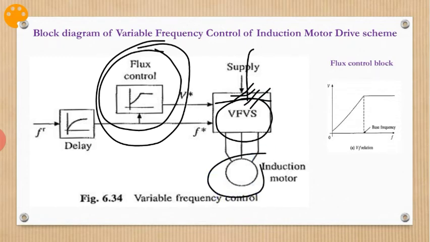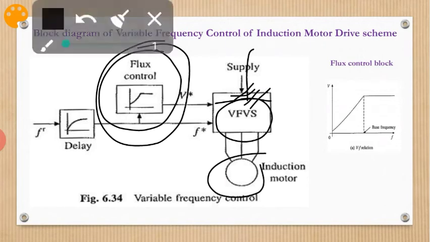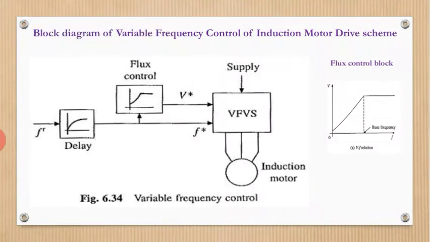Here V star and F star are the voltage and frequency commands for the VF VS. How do we get them? We take them from the flux control.